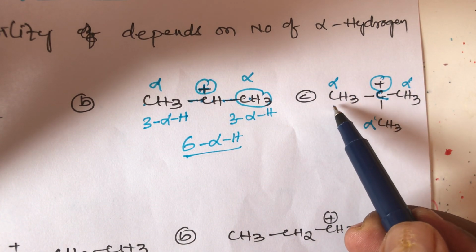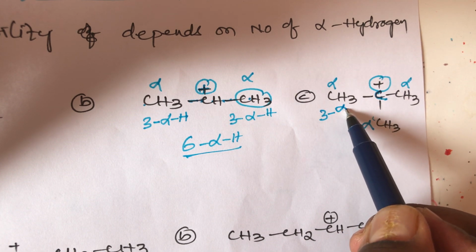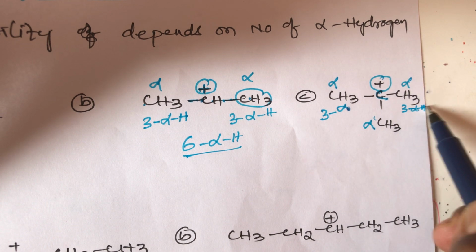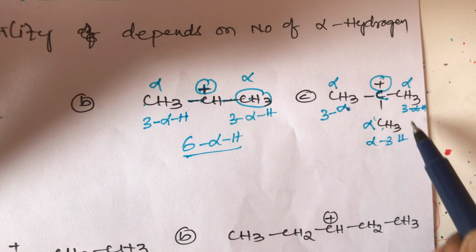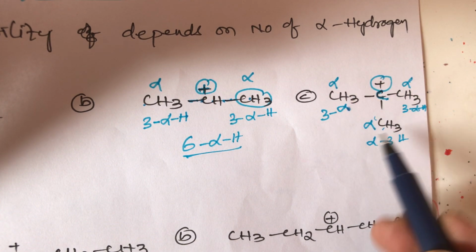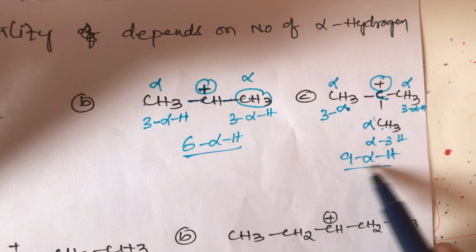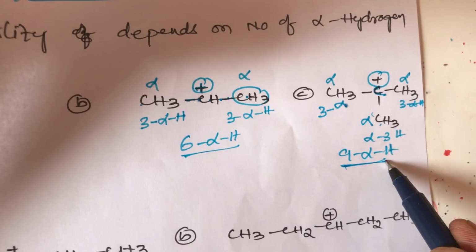Each alpha carbon has 3 alpha hydrogens. So in the third compound, a total of 9 alpha hydrogens are present.